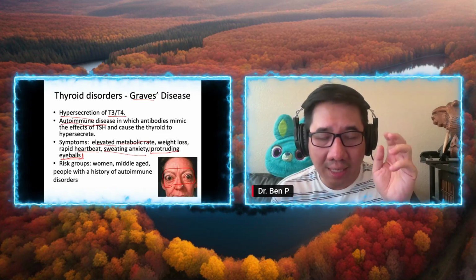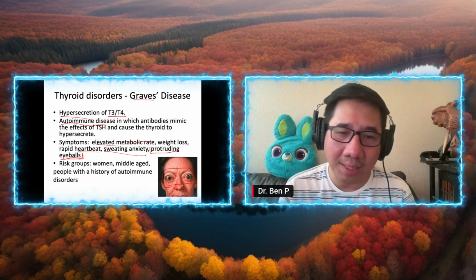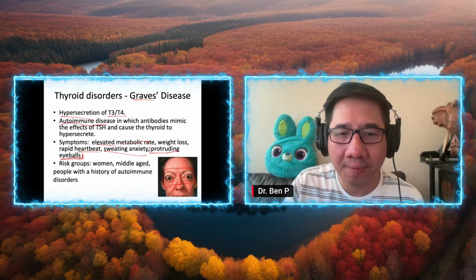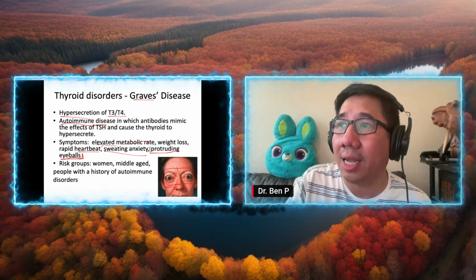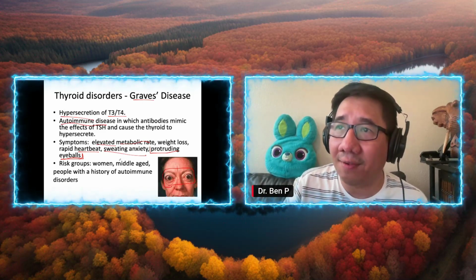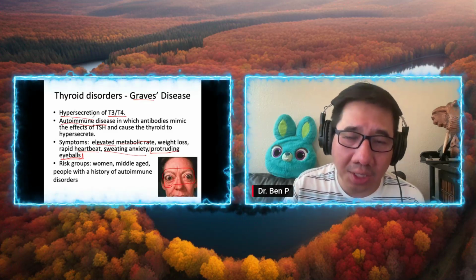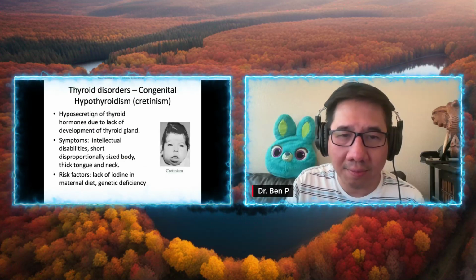You have proteins that start attacking those muscles, causing them to become loose, and then your eyeball kind of pops up. So for your test, know the symptoms of Graves' disease. These are the symptoms, and it is caused by hypersecretion, too much T3, T4.